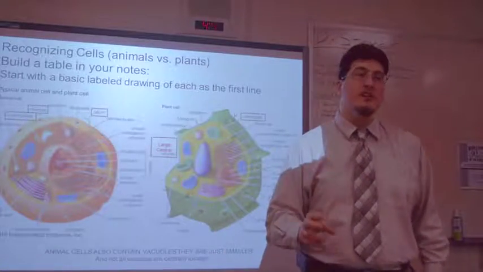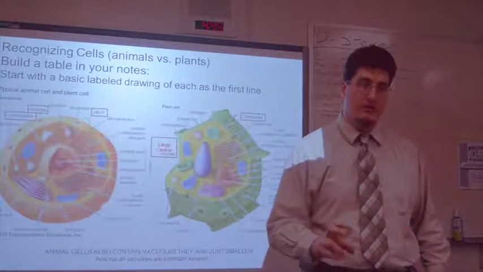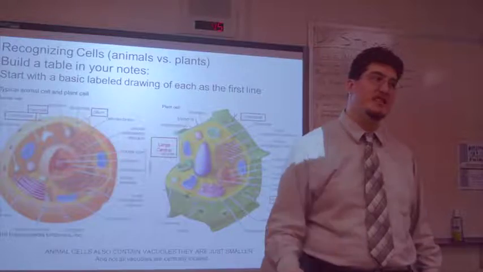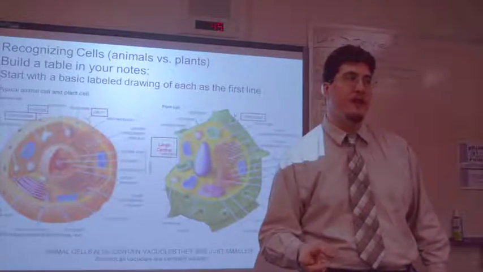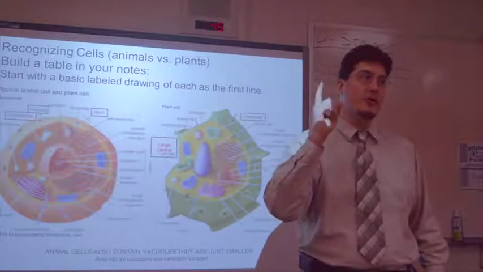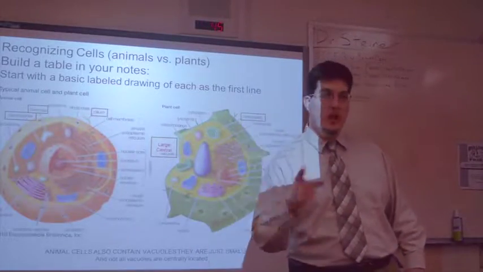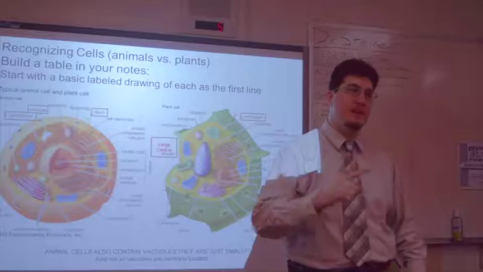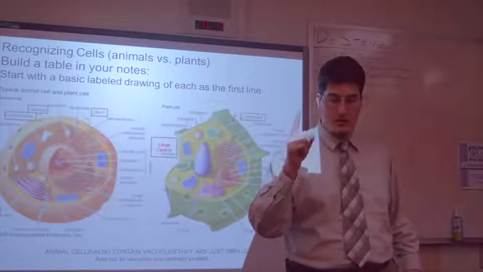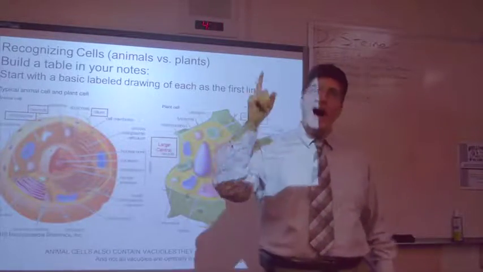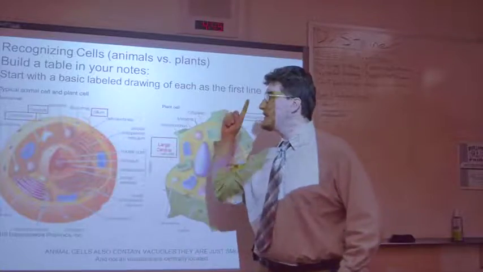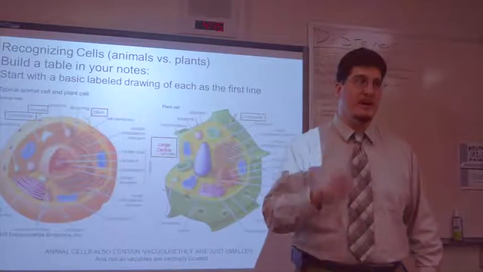When you are asked to state the observable features that distinguish this as a plant cell or animal cell, you should never, ever, ever state things that you do not see. Well, I don't see a cell wall, so it must be an animal. No. No. I see cilia, so it must be an animal.